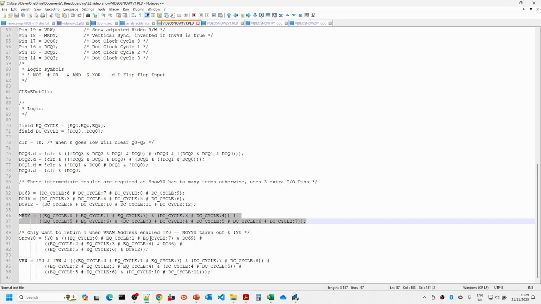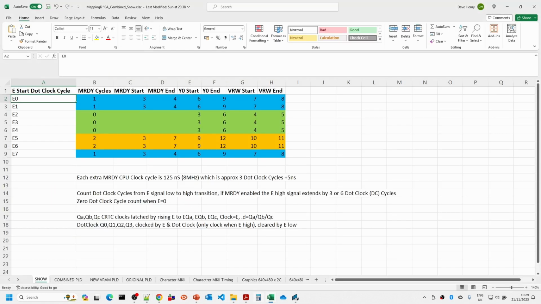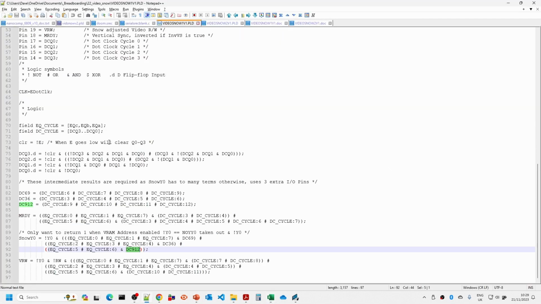But the SNO Y0 signal is the one that needs these intermediate terms. What this has done is reduce these by an order of 4, so it makes things a little bit simpler. And then the VRW is very similar. So basically the rules that we've got on the spreadsheet here are encoded into the PLD here.